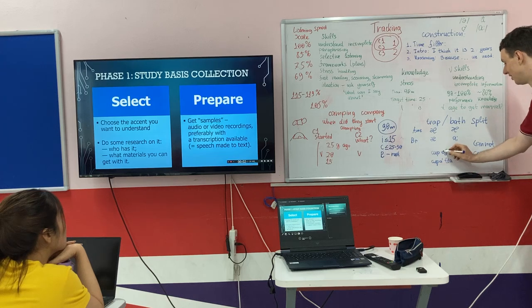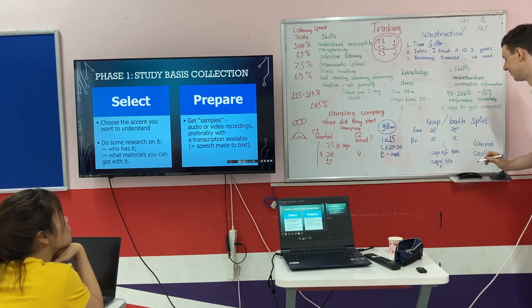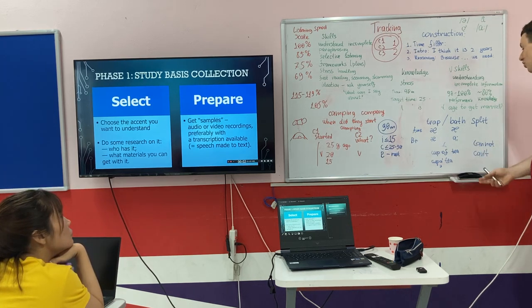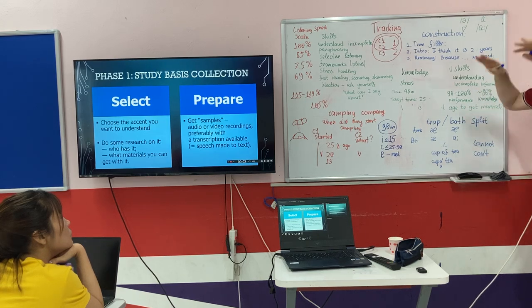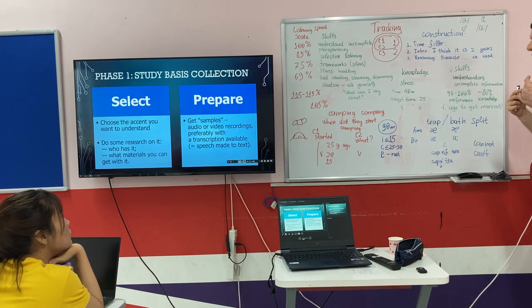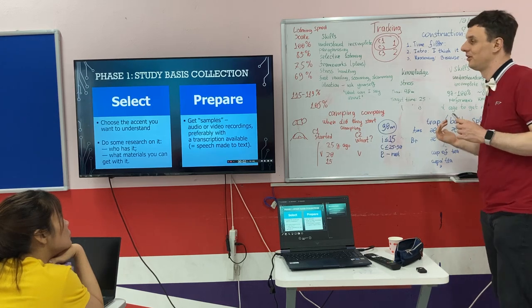So they eliminate the 'of'. And I usually tell students you have to understand that when we talk fast, the words are reduced. Basically, we drop some sounds. Some sounds are changed, some sounds are removed completely. And you need to understand it and then actually tell them what is going on there.